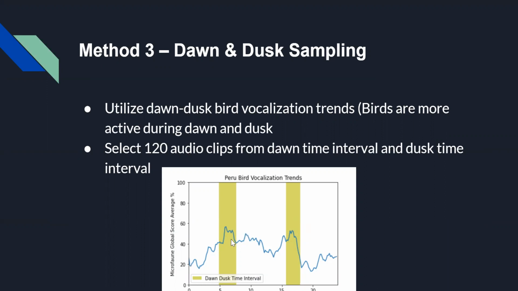From the graph, we could see that around 5 a.m. to 7 a.m., we have the peak global score. So we choose this time interval as one of the time intervals. And the second time interval is around 4 p.m. to 6 p.m.